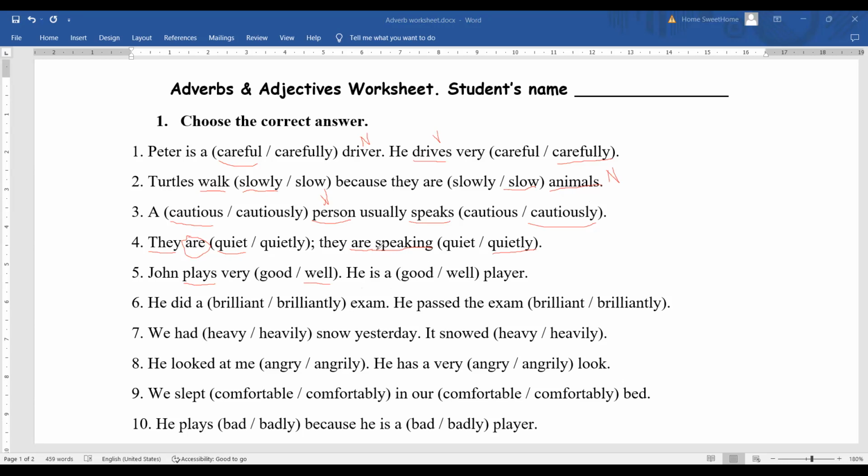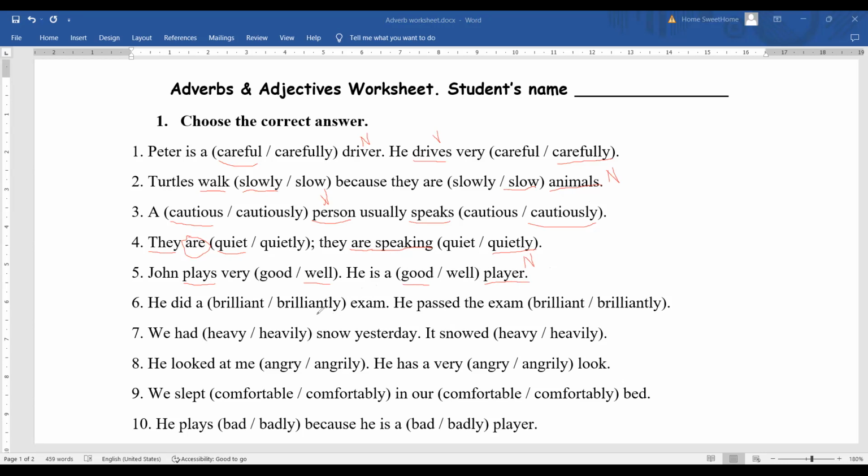And now he is a good player or well player, because we are describing a noun here, and we put a question which, good, adjective. Same here, he did a brilliant or brilliantly exam.